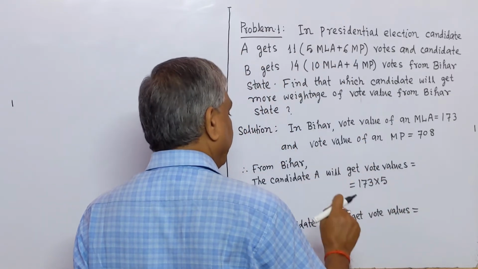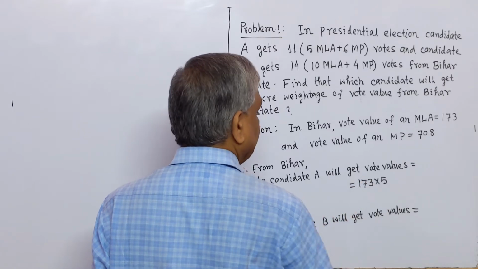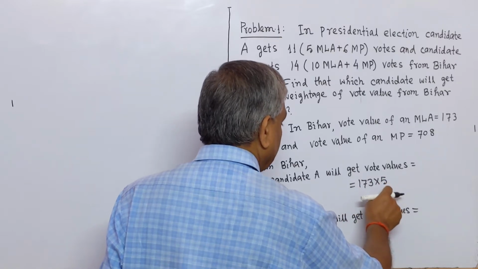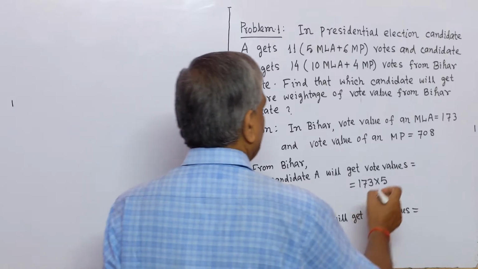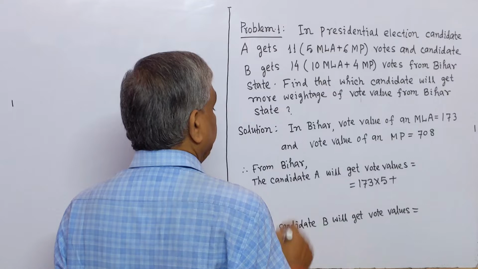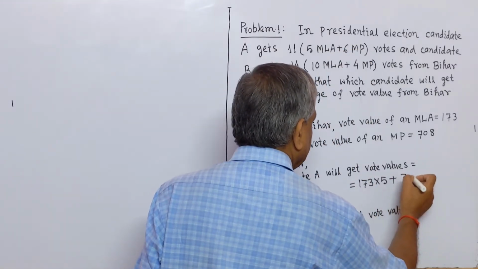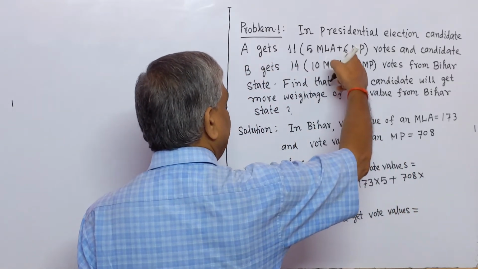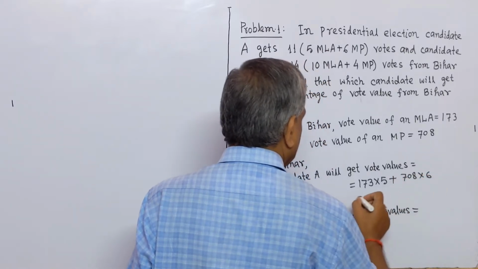Since the vote value of 1 MLA vote equals 173, the vote value of 5 MLA votes will be 173 multiply 5, plus 6 MP votes. Vote value of an MP vote equals 708, therefore vote value of 6 MP will be 708 multiply 6.